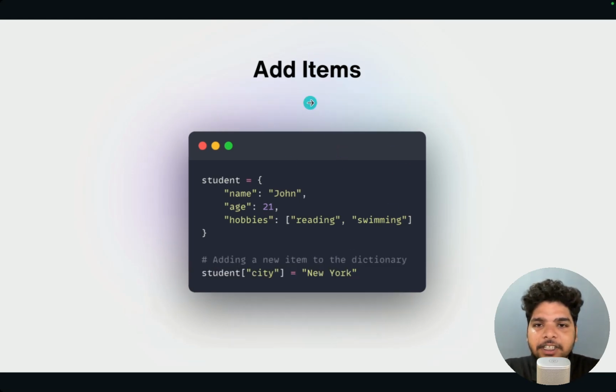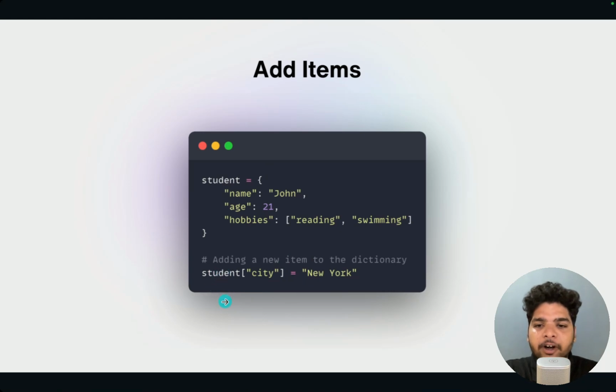Now there is another thing: adding items. How can we add new items to a dictionary? Let's say currently there are three keys: name, age, and hobbies. If I want to add a new key, city, how do we do that? It's simple.